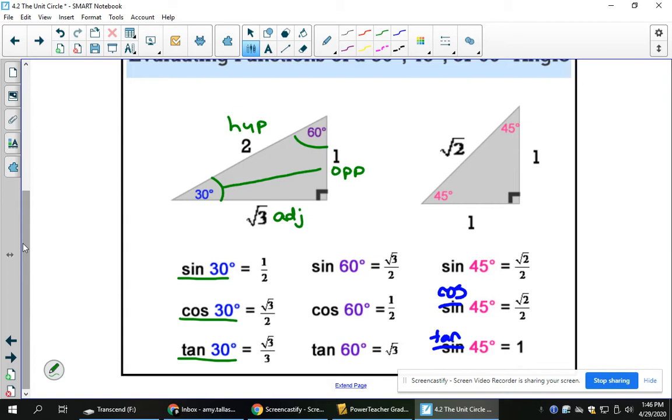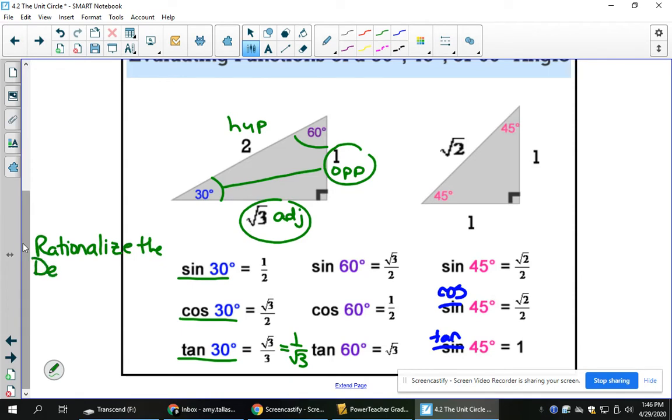Now, when you look at something like tan 30, you might be confused as to why tan 30 is not opposite over adjacent, like we know it is. But it actually is opposite over adjacent. We've just done something called rationalize the denominator.